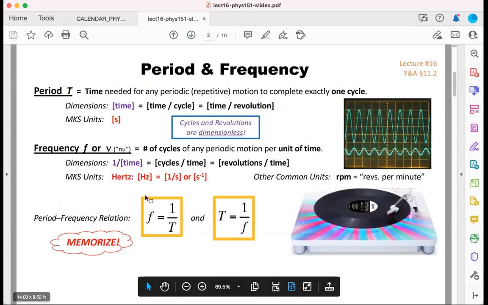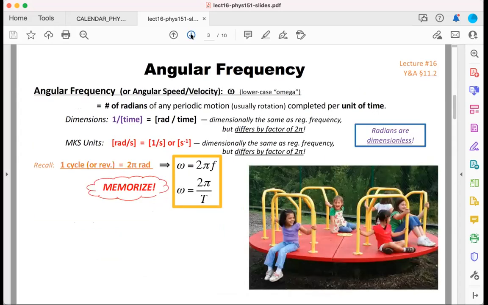Okay, and you need to memorize that. Keep in mind that the period is the opposite of the frequency. Then angular frequency. We saw before that omega is equal to 2 pi divided by T, and since T is 1/f, it is also 2 pi multiplied by the frequency, measured in radians per second.